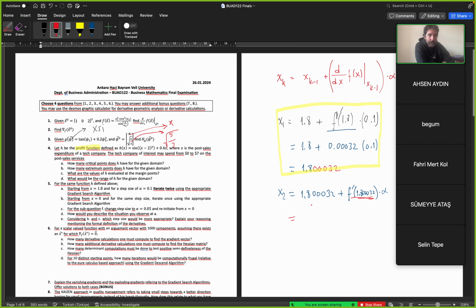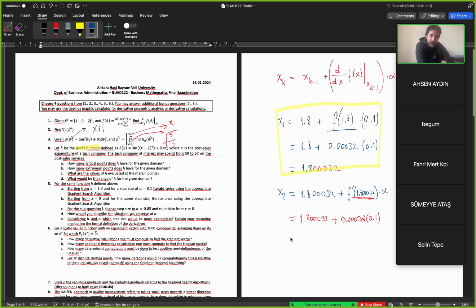So this is 1.80032 plus, I'm sorry, this is wrong, plus 0.00038 times the step size, which is 0.1.